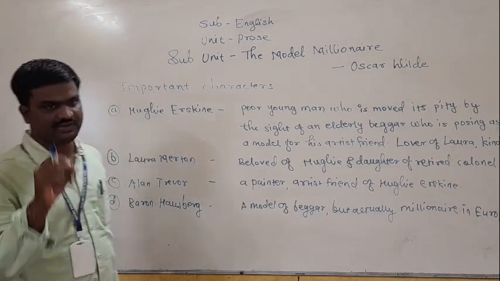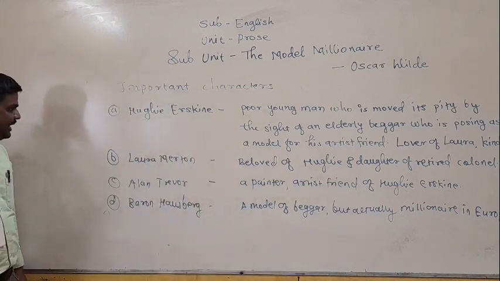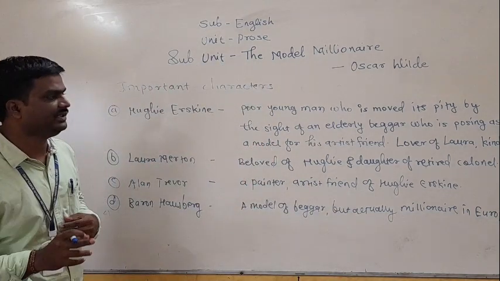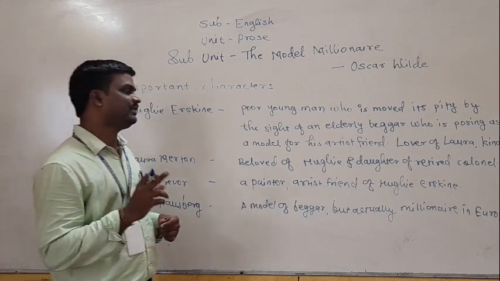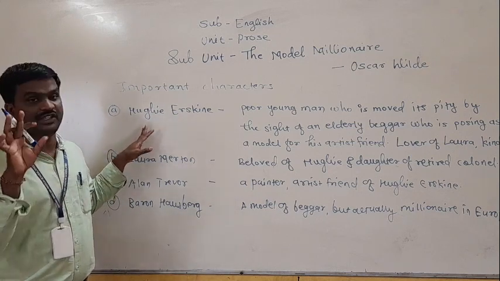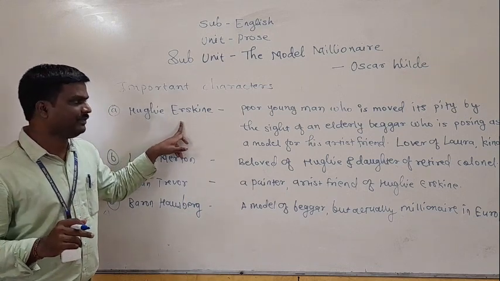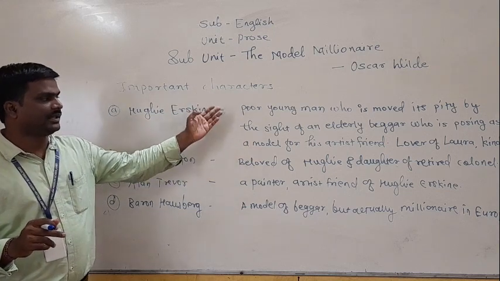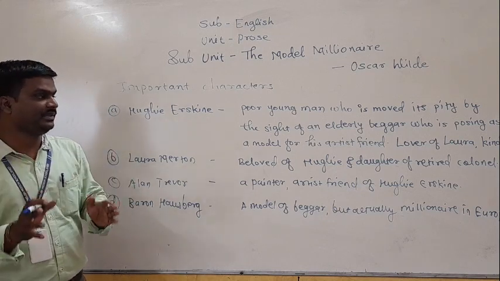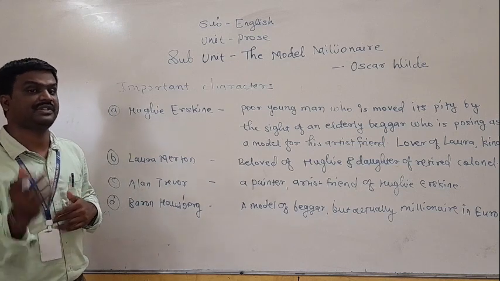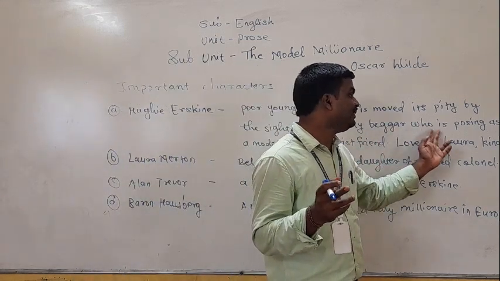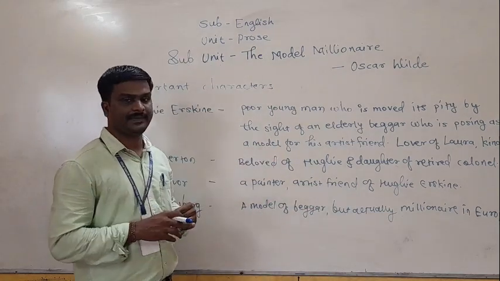Hughie Erskine is the protagonist, the hero of the story, and he is a poor young man who is moved to pity by the sight of an elderly beggar who is posing as a model for his artist friend. What happened, we will discuss in detail when we get to the story.